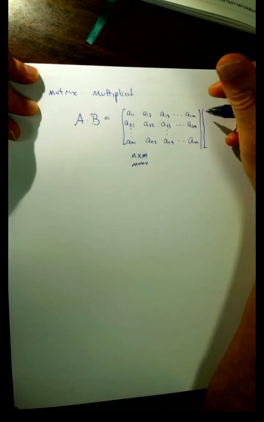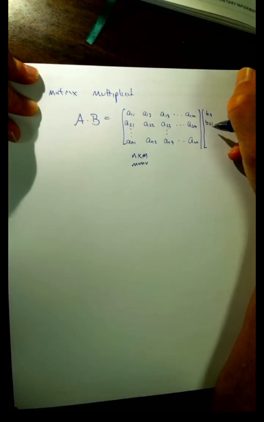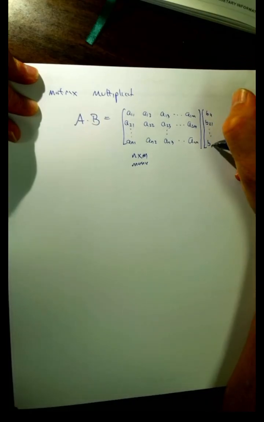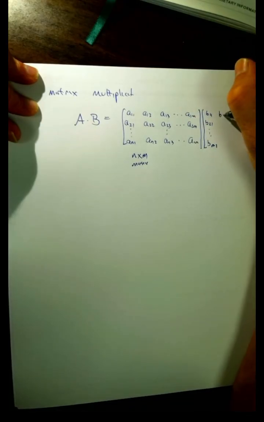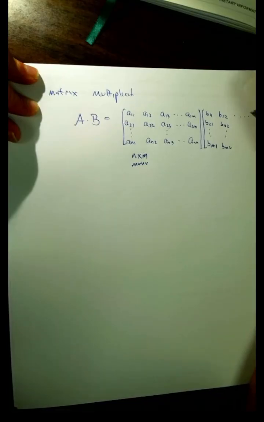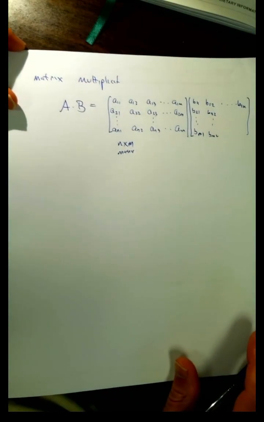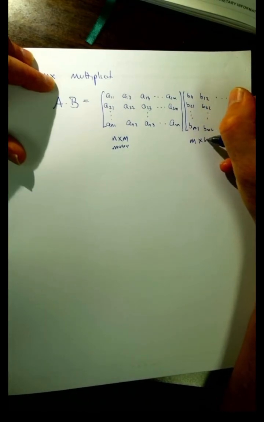And suppose B is going to have m rows, and suppose it goes out to have k columns. So now we have m rows and k columns.